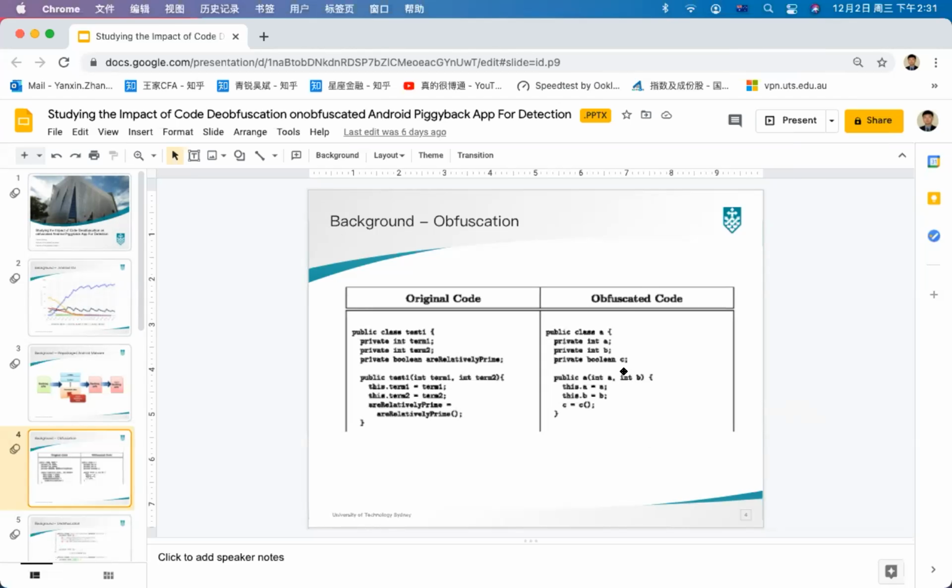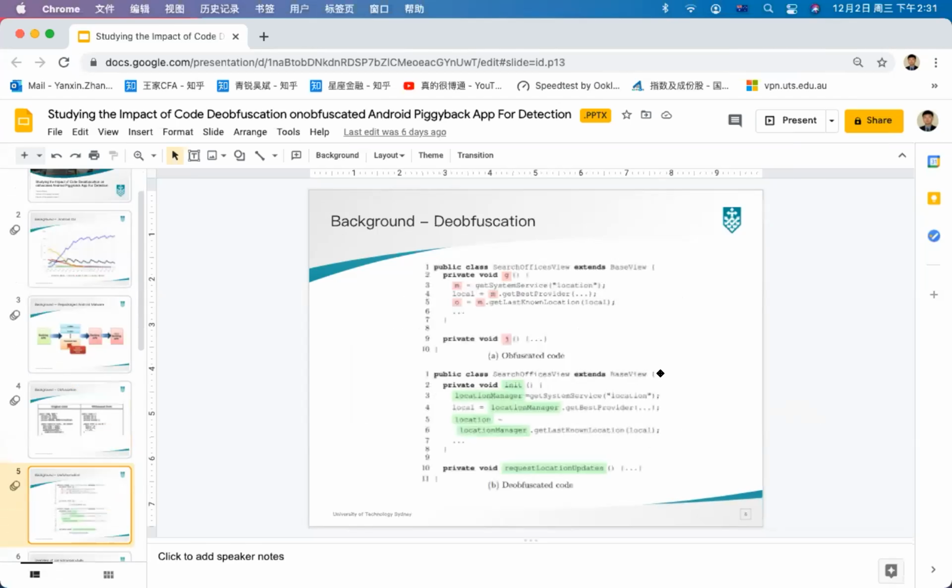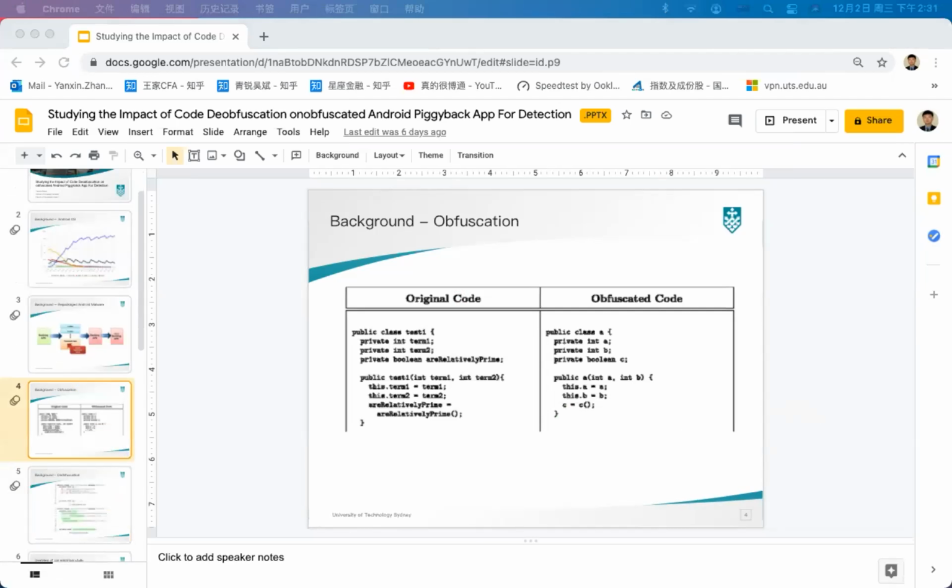antivirus products, right? Also, some studies have shown that obfuscation technology causes a significant decrease in the ability to accurately detect Android malware, right?